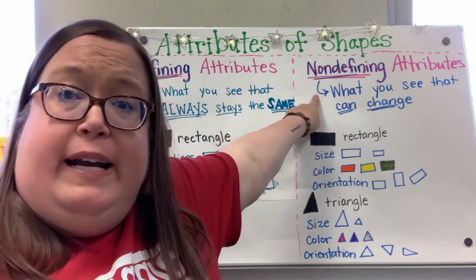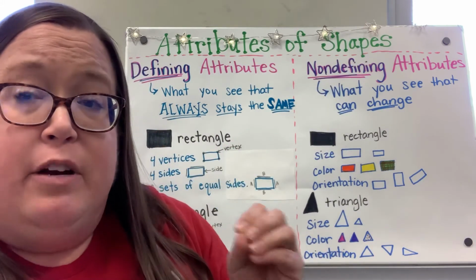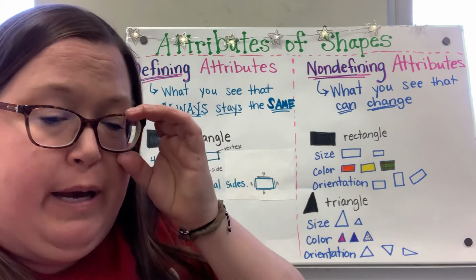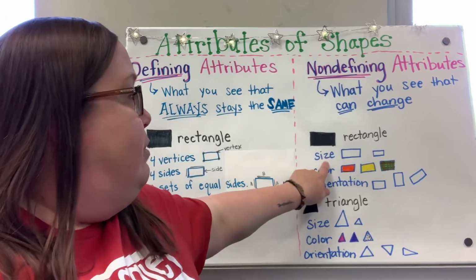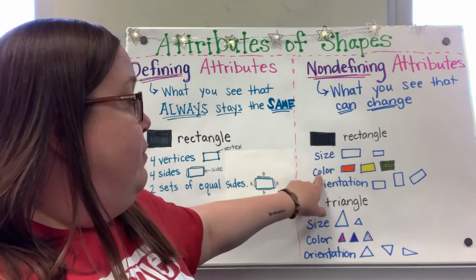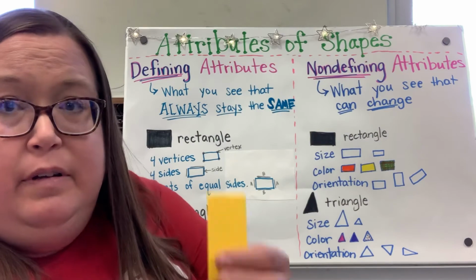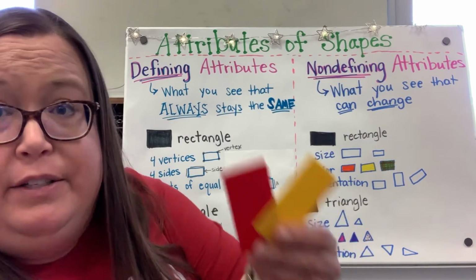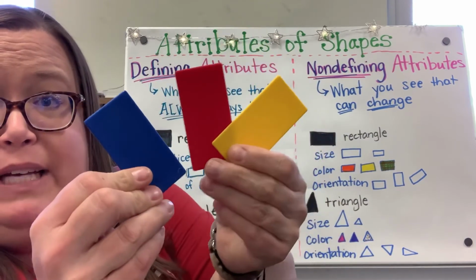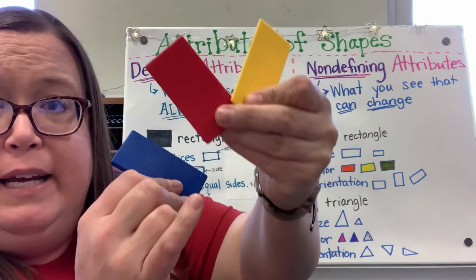The non-defining attributes are the things that are going to be different about 2 shapes that are the same shape, okay? And those examples are size. Sizes can be different. They could be 2 different colors. Or 3. I've got 3 different colors here. These are all the same size, but there are 3 different colors. See that? There's a blue, a red, and a yellow.